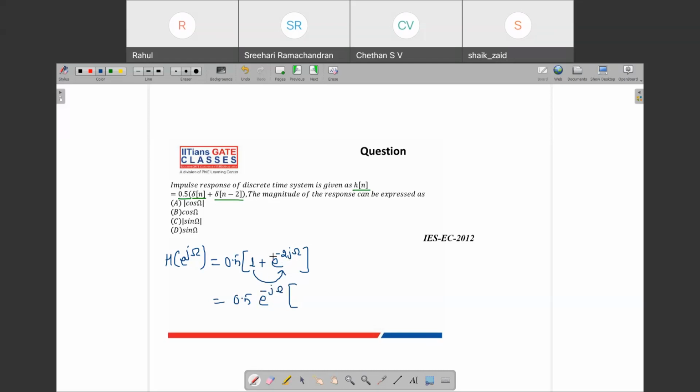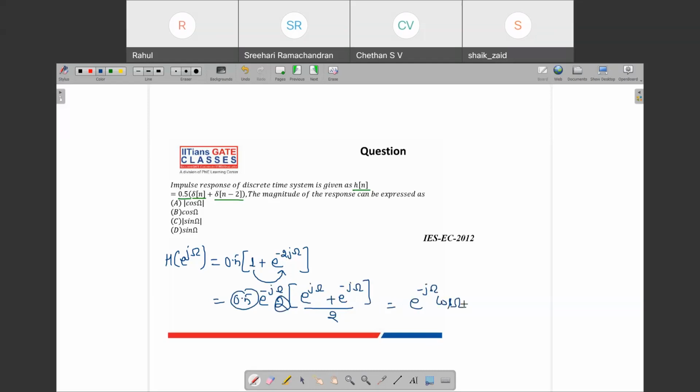Once you take e to the power minus j omega common, this one will become e to the power plus j omega, and this one will become e to the power minus j omega. Then you can divide by 2 and multiply by 2, and this complete thing will become cos. This 2 into 0.5 will become 1, so you can write e to the power minus j omega cos omega.